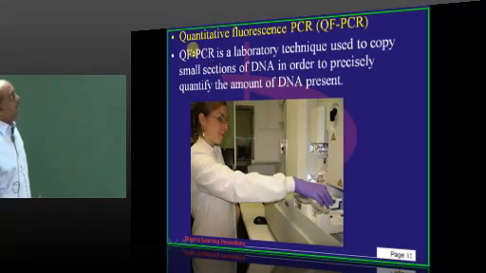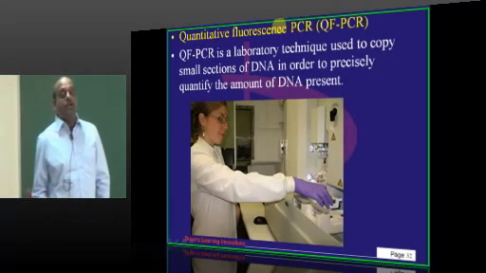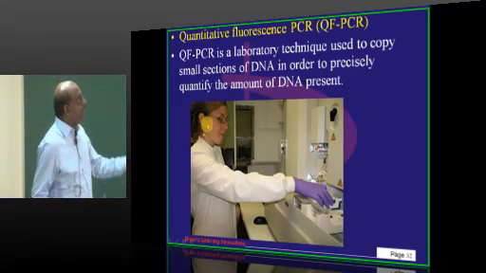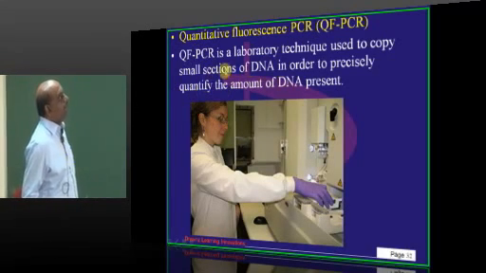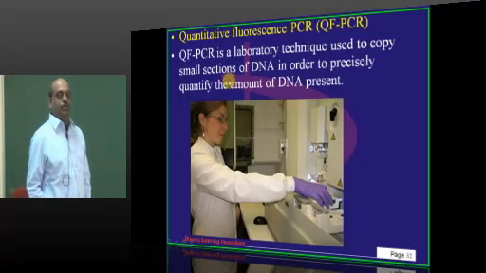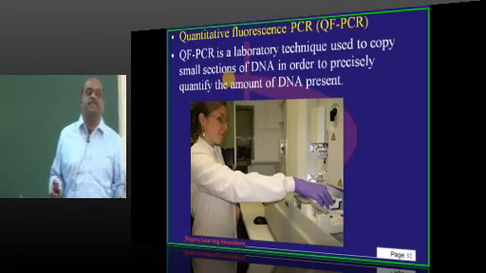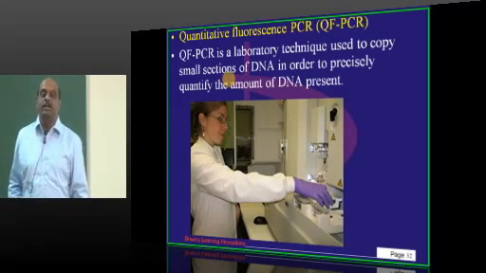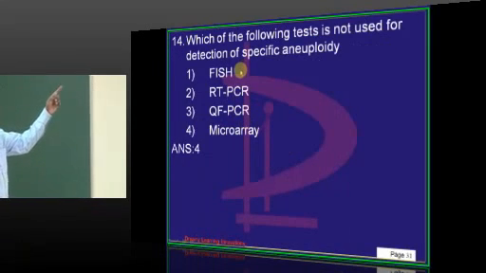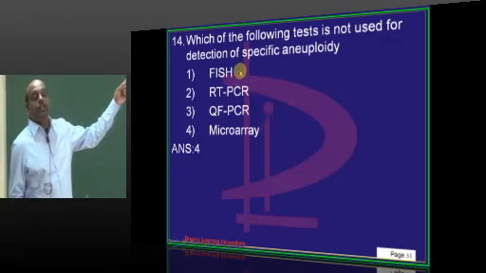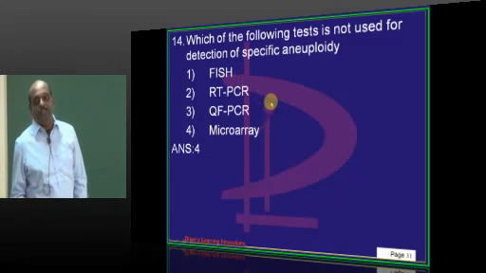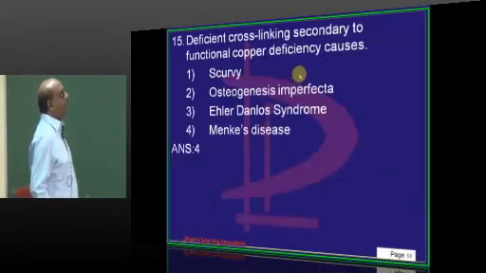You have a quantitative fluorescence PCR, RT-PCR. They all basically are the laboratory tests to know how much DNA is there quantitatively. Is it increased, decreased, altered, how much? So they are all used in order to detect the presence of aneuploidies, is what you need to ultimately remember.